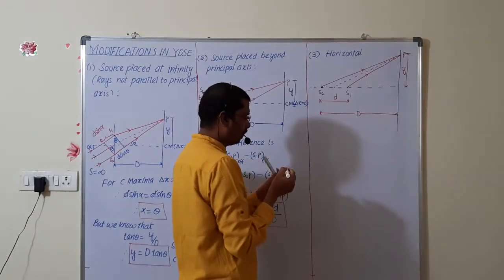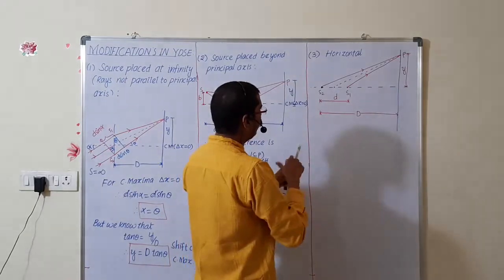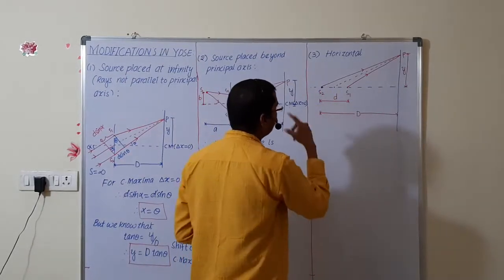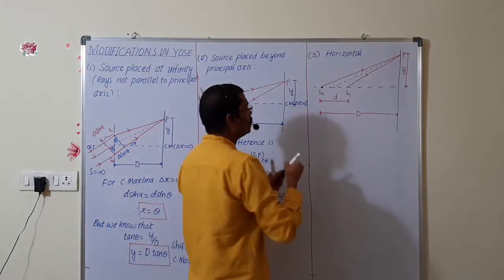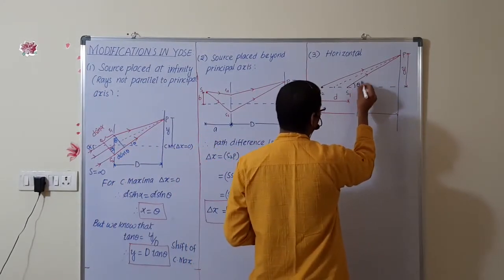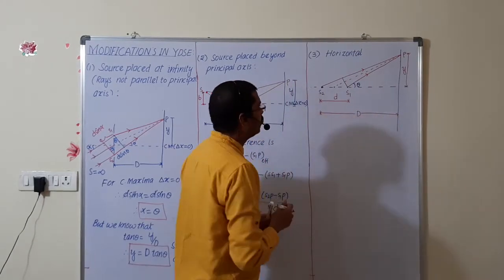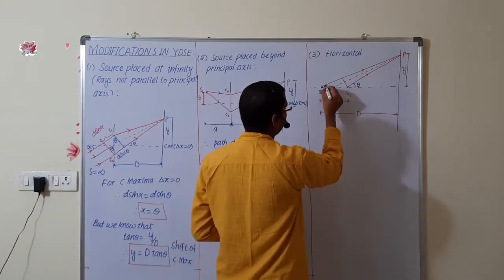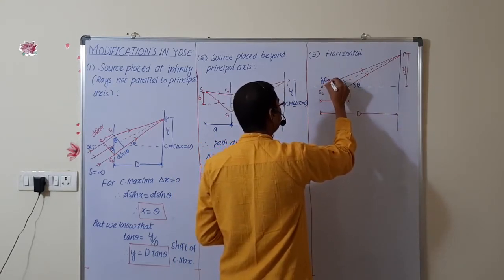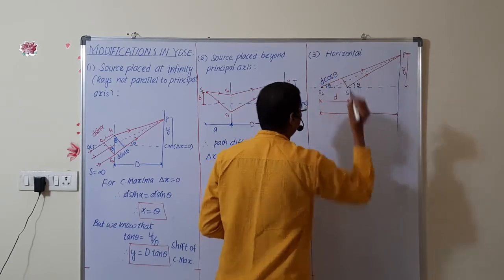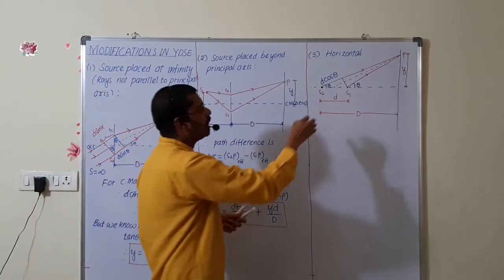Now again we have to find out what is a path difference. Now if I want to take, in this condition what will happen, S2P is greater than S1P. If I take how much of it is greater, this is a theta. Now if I draw the perpendicular line from S2, here what will happen, this is also theta. Now this value we can write D cos theta. Okay, after calculation, you can find out this value.